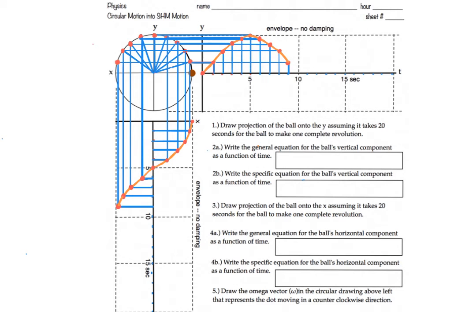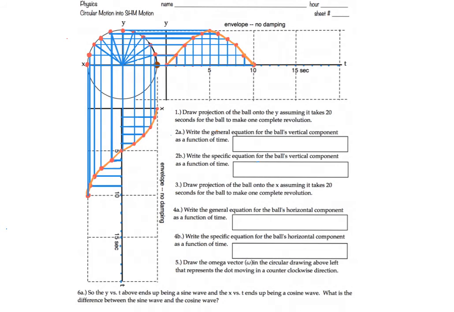Okay, I'll keep going. And here's the next second. Okay, so there is pi radians for the circle, pi radians for the sine wave, and pi radians for the cosine wave.